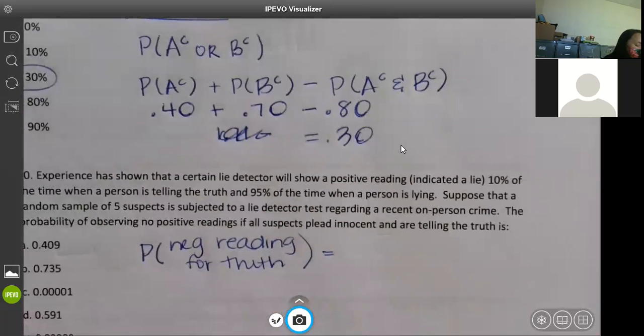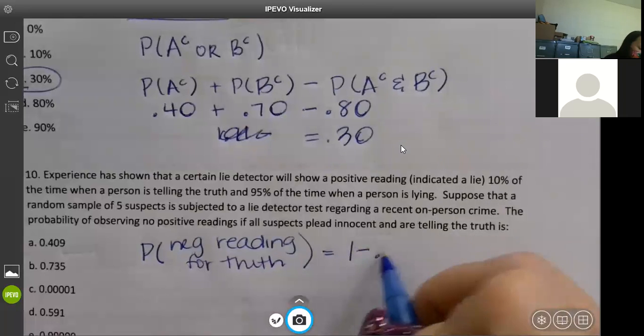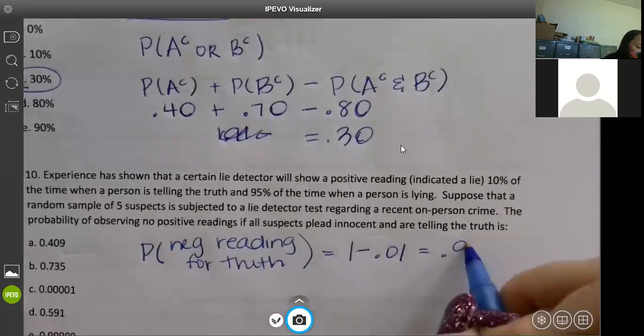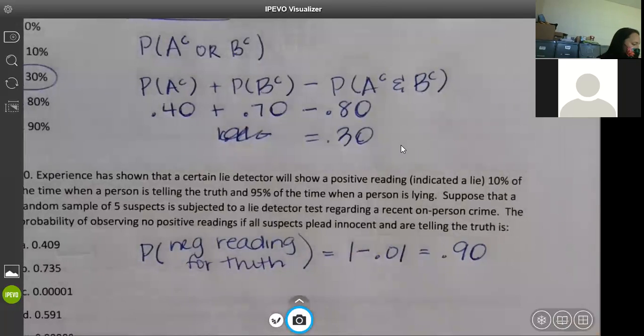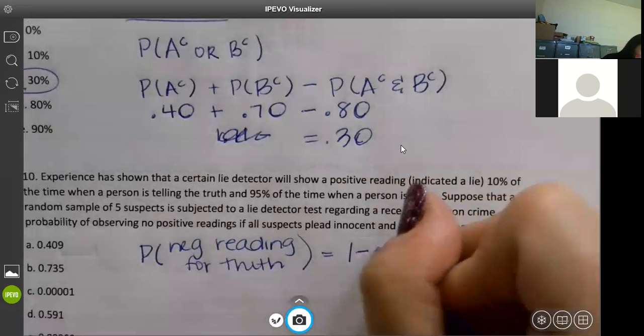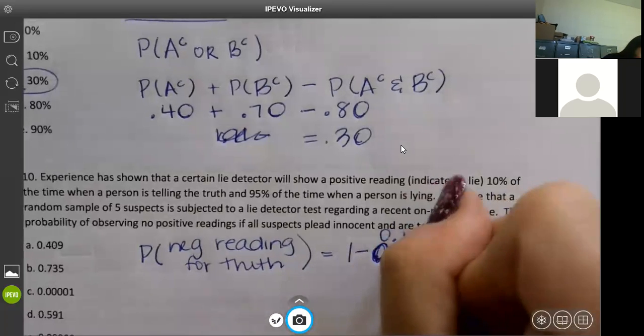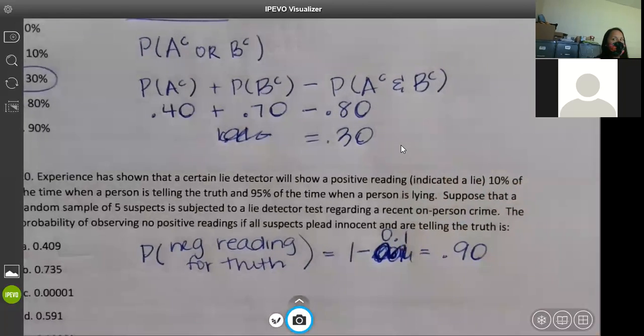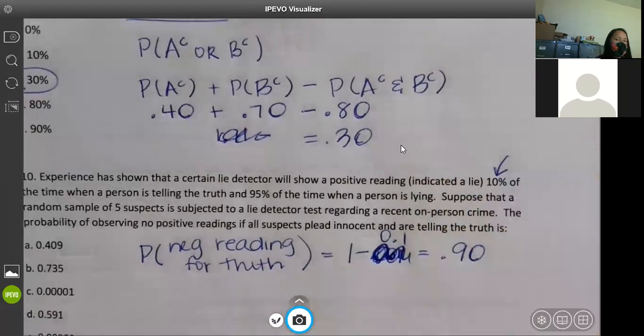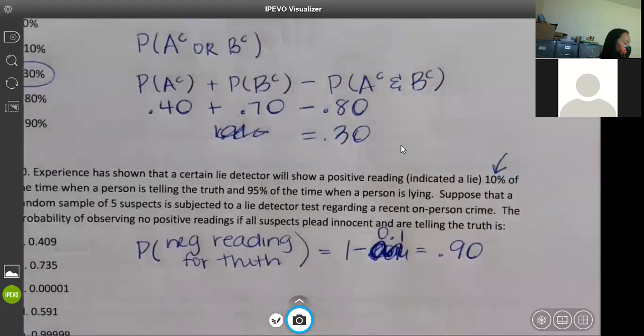All right. So that means we're going to subtract the positive reading. I'm sorry, that should be 0.1. 1 minus 0.1, which gives you 0.90. That's the 10% from right here. How many suspects are we doing?